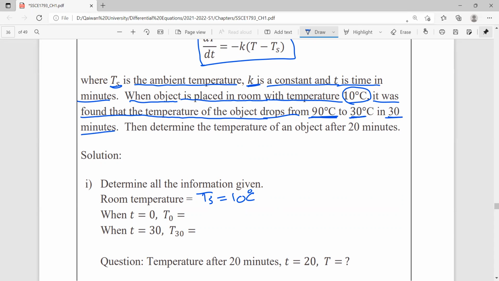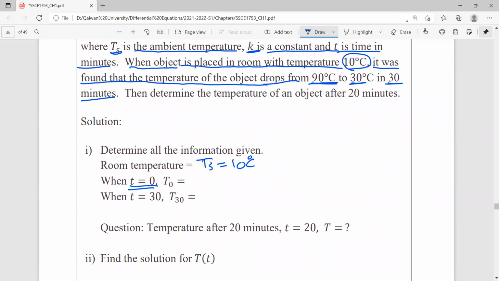That means from the time the object is placed into the room to 30 minutes, the temperature drops from 90 to 30 Celsius degrees. At the beginning, time is 0, and the temperature of the object is 90. So at time 0, T naught equals 90 Celsius degrees.